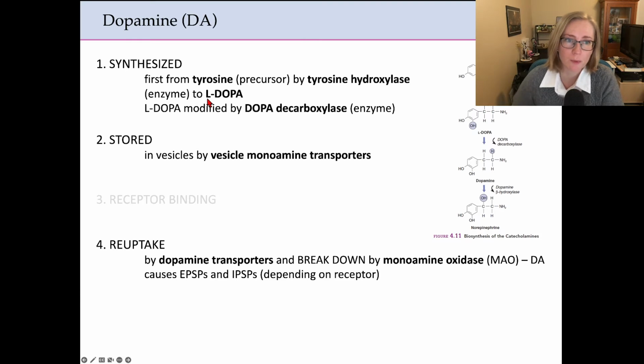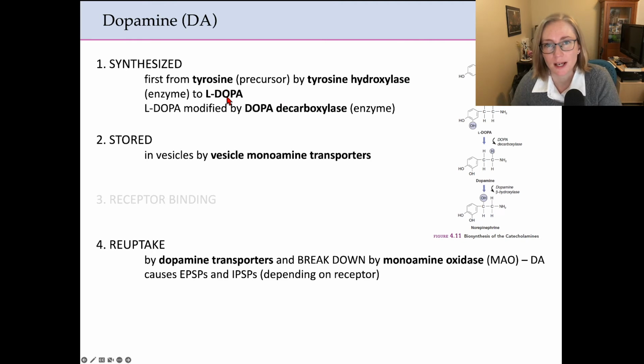So for dopamine, we're going to start with tyrosine. Tyrosine is the precursor to dopamine. So precursor, think building block. Without this, your brain cannot make dopamine. So we need tyrosine hydroxylase, which is an enzyme. Anytime you end on an "ase," that's going to be an enzyme.